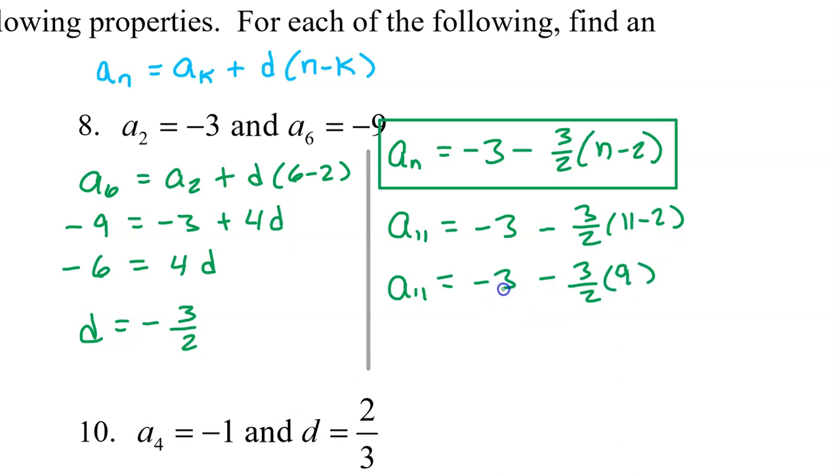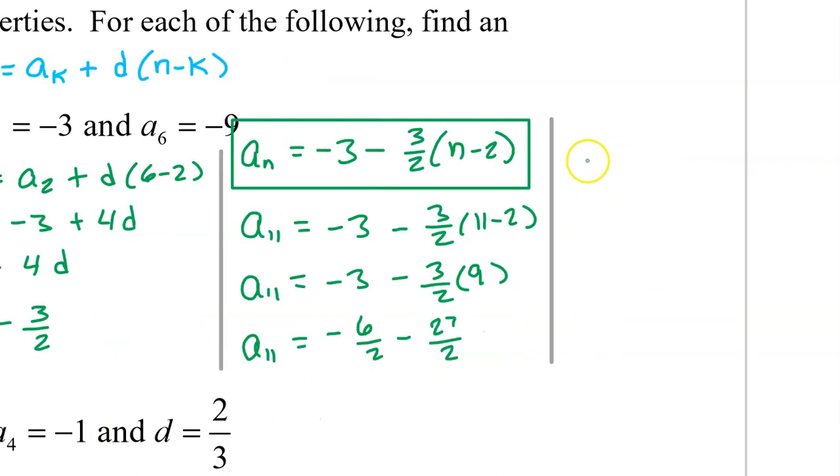I'm going to go ahead and write this with a denominator of 2. So a11 will equal negative 6 over 2 minus 27 over 2. So a11 will equal negative 33 over 2.